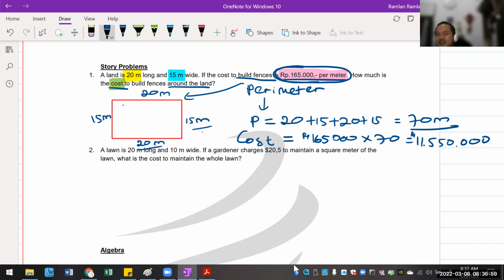So yeah, this is one of the illustrations of story problems that you might encounter in this topic. Again, guys, whenever you see a story problem, the first thing you need to do is to read the question fully, the complete sentence.